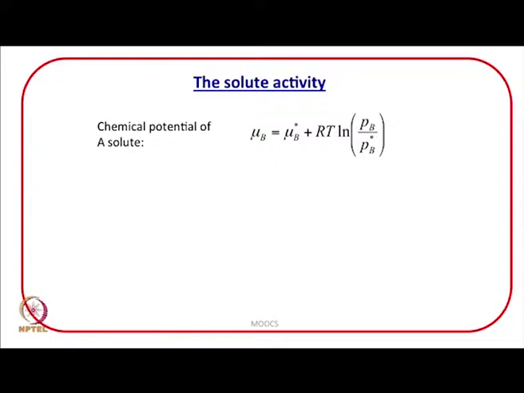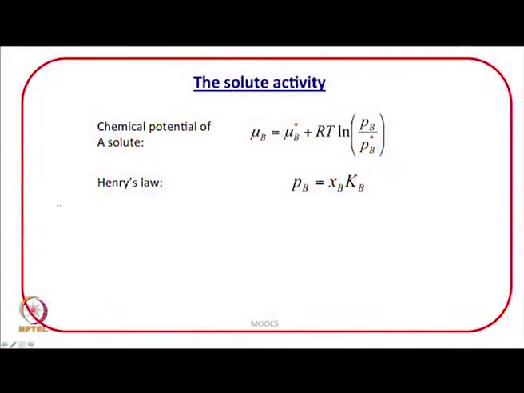However, we know that in a dilute solution, the solvent obeys Raoult's law and the solute obeys Henry's law. So, for an ideal dilute solution, we will assume that condition and write Henry's law. Henry's law says that the vapor pressure PB is equal to the mole fraction into the Henry's law constant, and this is what we will substitute in the upper equation.